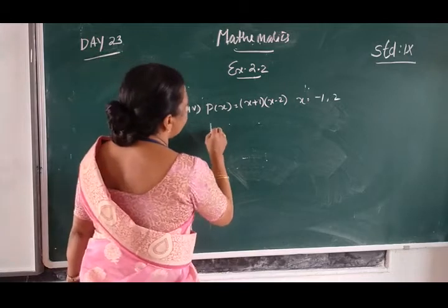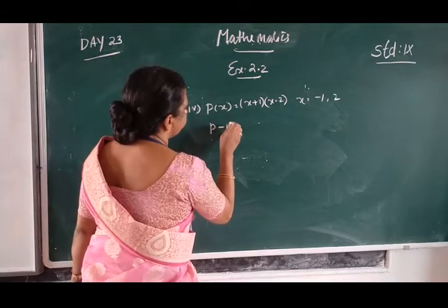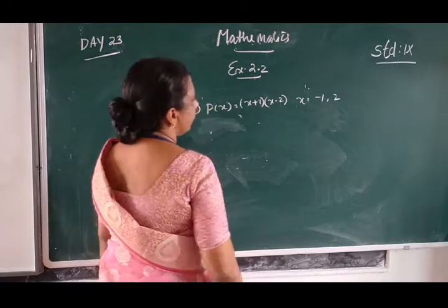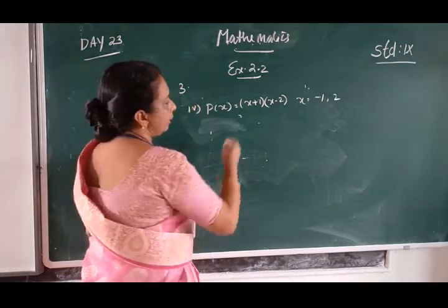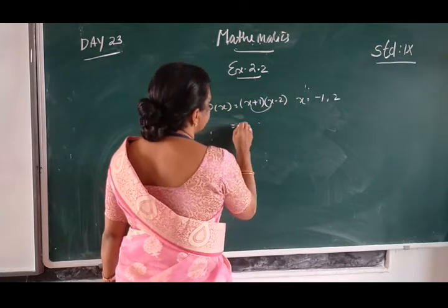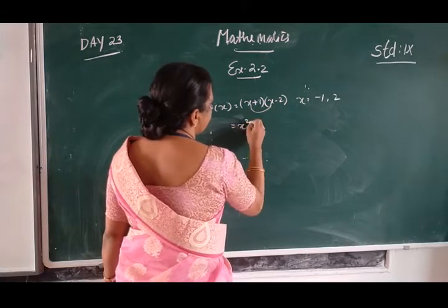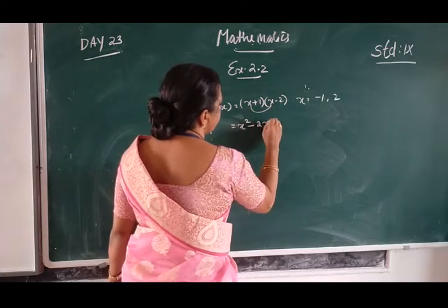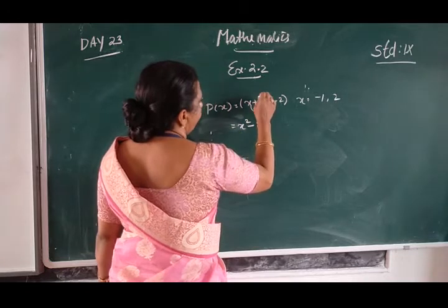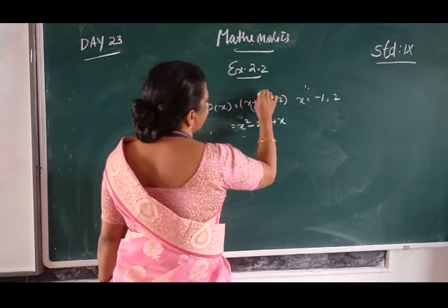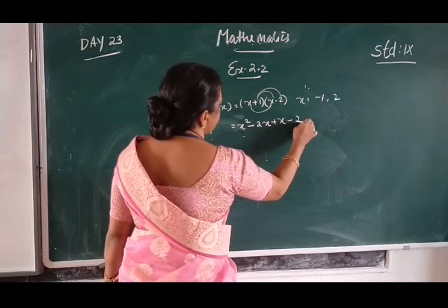First we have to find out p of minus 1. Before that, we have to change this equation. Expand the bracket: x into x is x square, x into minus 2 is minus 2x, plus 1 into x is 1x, plus 1 into minus 2 is minus 2.